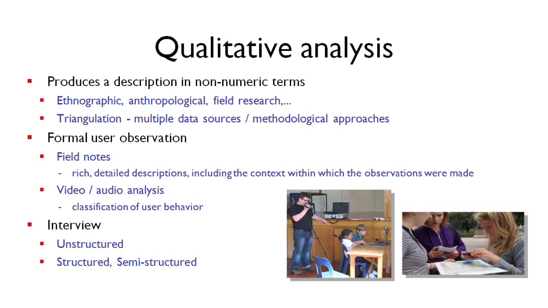And then again, you're not interested in deriving numbers, but more observations and how those feed into your research question. Interviews fall into this category as well. And we talk about interviews in, I think, the last lecture, about how to design interviews and what different types of interviews are out there for you to use.